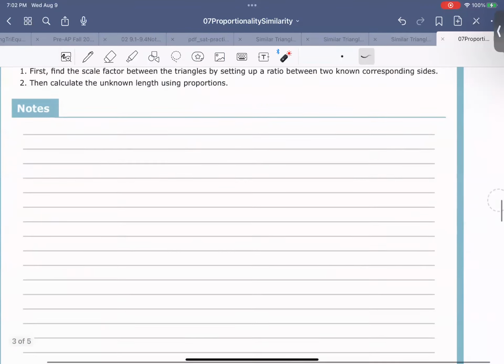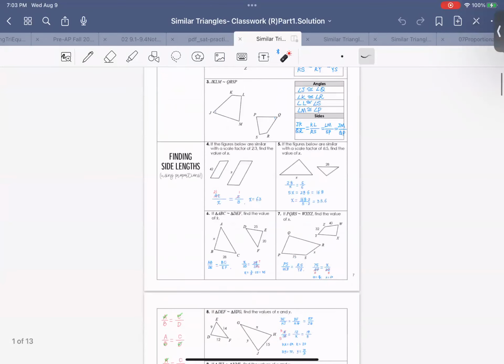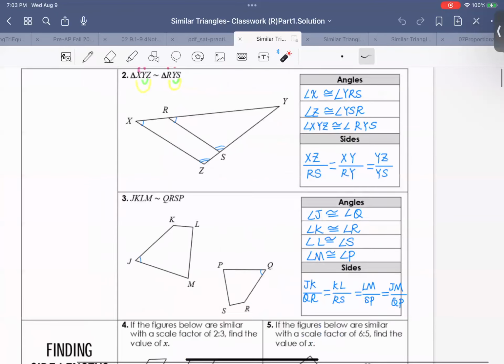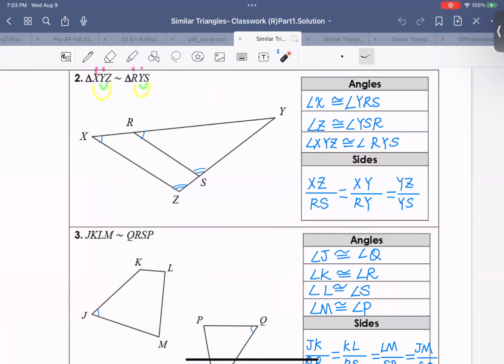And now we are going to use these three theorems to do triangle similarity. So look here, number 2 question. If I say this triangle XYZ is similar to RYS, then this angle is congruent, this angle is congruent, and this one equals itself.